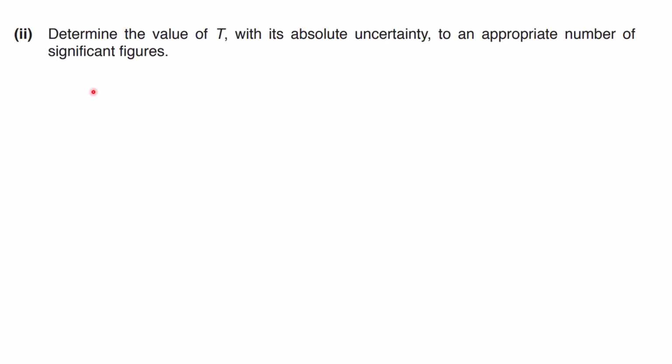The next question is asking to determine the value of T with its absolute uncertainty to an appropriate number of significant figures. When it says absolute uncertainty, it means that we need to add the units of the period, which is in seconds.